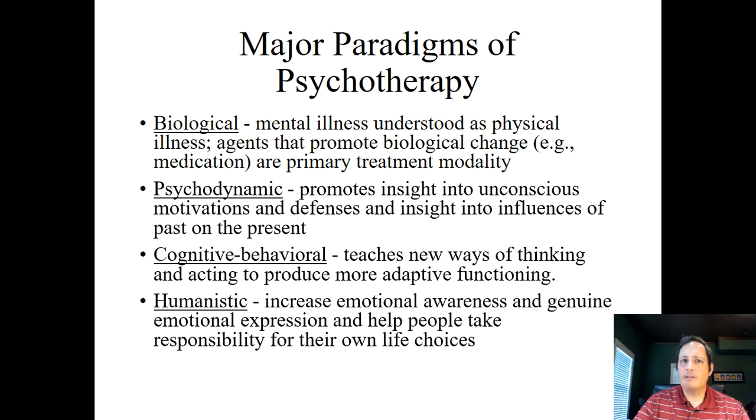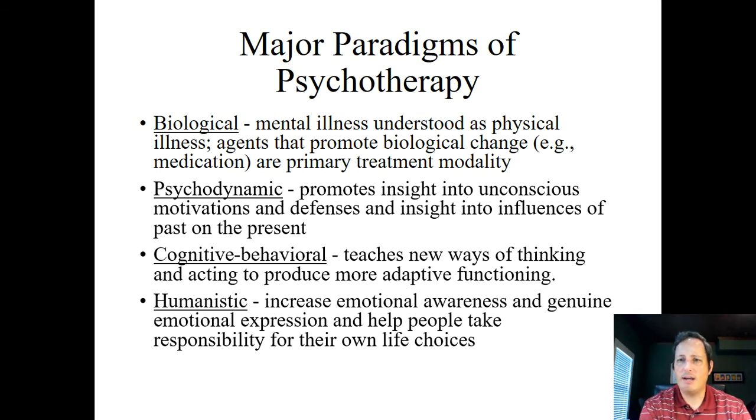And the last of the four major paradigms is the humanistic approach. And what we see with that is it really increases emotional awareness and genuine emotional expression to help them take responsibility for their own lives. So remember, the humanistic approach was one of a kind of optimistic, that humans are naturally good and that it's the environment that somehow thwarts this natural goodness.